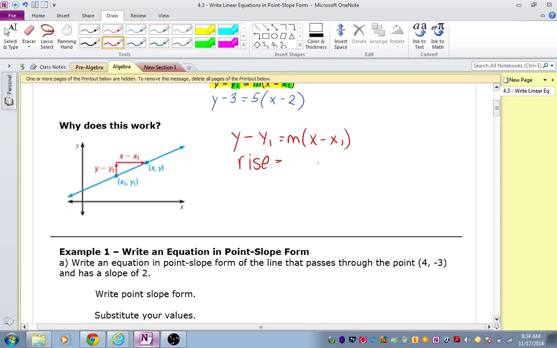That's what we know as the run. And that m represents the slope, and we know slope means rise over run. And once again, while it might seem strange, over here we have rise over run times run. Those runs kind of reduce out, and we have rise equals rise. So our equation does make sense.